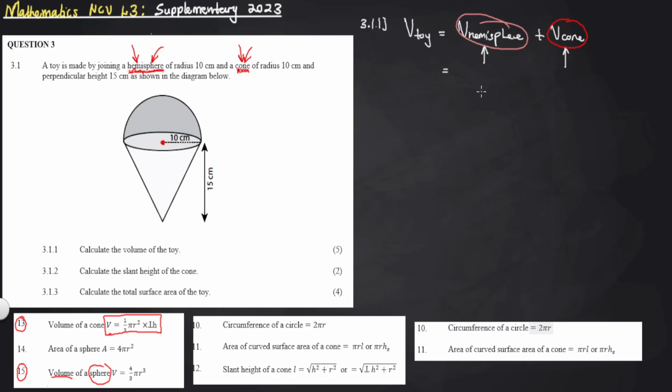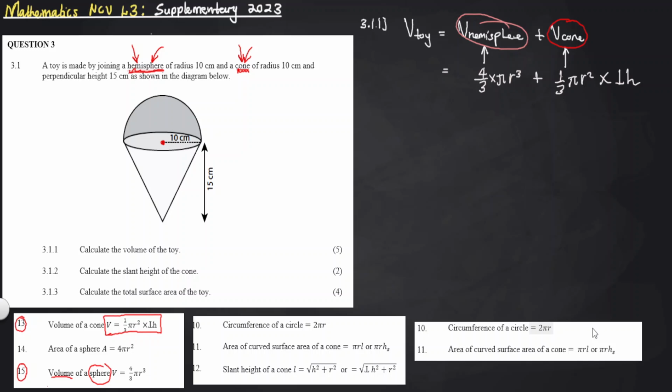So I'm going to take the formula for finding the volume of a sphere, which is 4/3 multiplied by pi r cubed, plus the volume of a cone, which is 1/3 pi r squared multiplied by the perpendicular height.